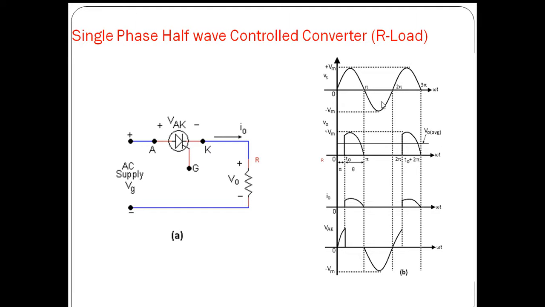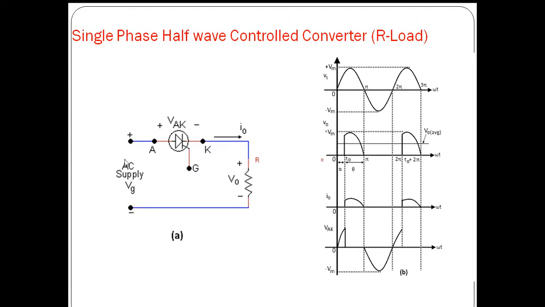So this is the positive half cycle, this is the negative half cycle. From 0 to pi we have the positive half cycle, from pi to 2 pi we have the negative half cycle, then the cycle repeats. So we will observe closely how the circuit operates for one cycle.